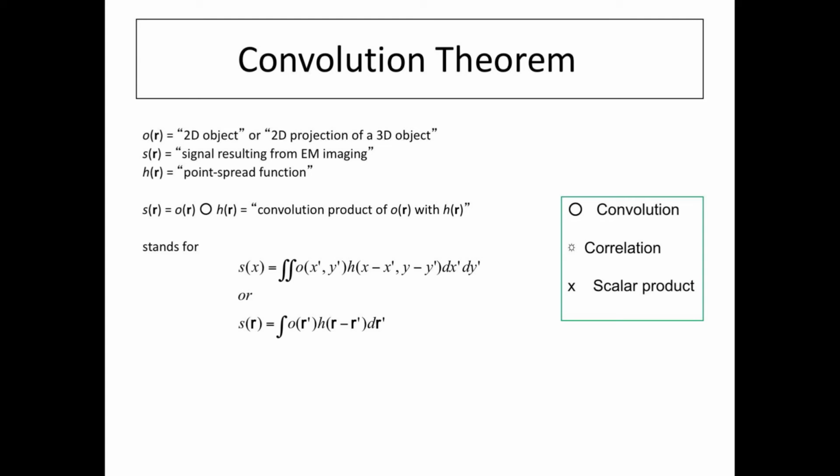Now the point spread function is shifted in all different directions. So it's an expression of what I did in the previous slide. I put the point spread function on each point of the object, and in the end, I integrate over all these products.